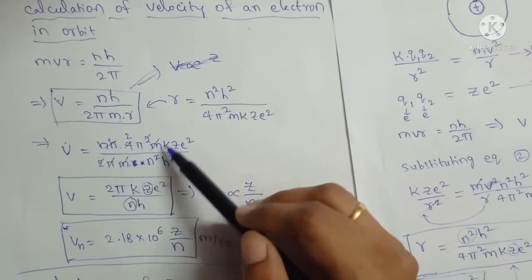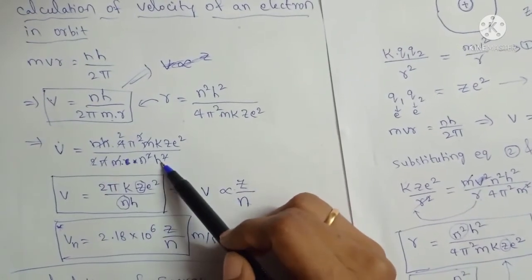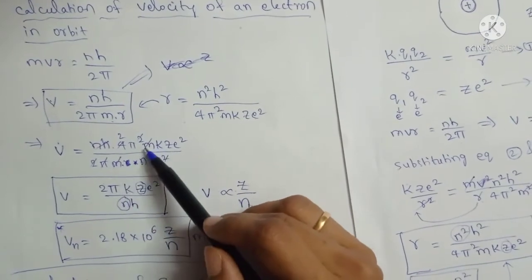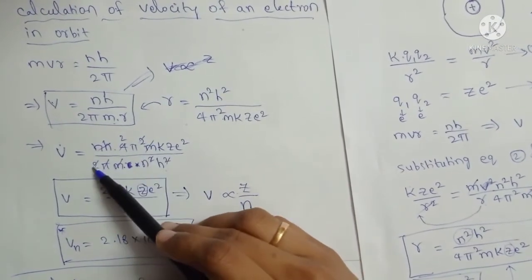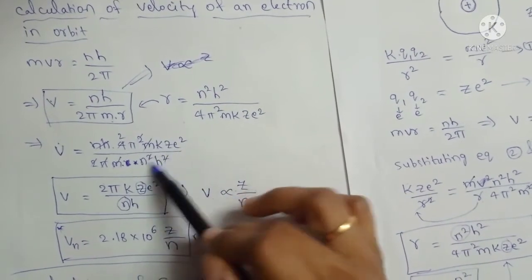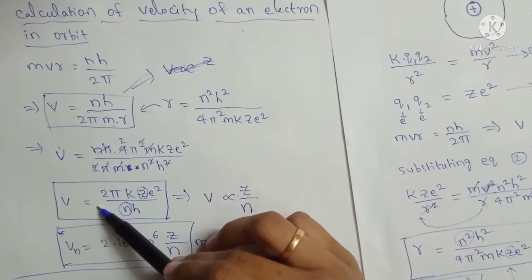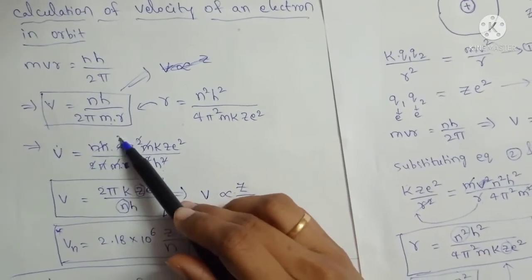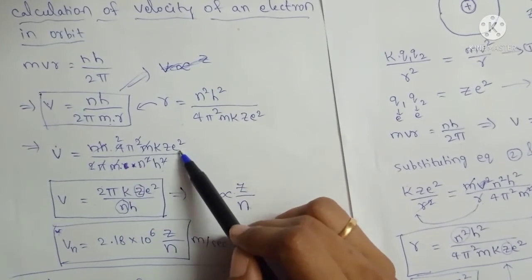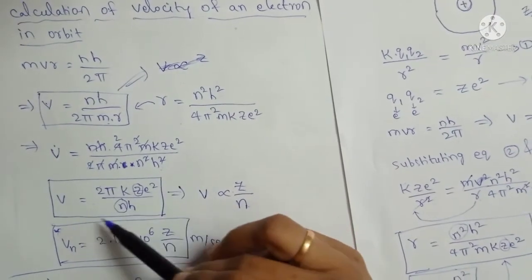Here nh and nh will cancel out, mass of the electron m cancels out, and pi also. By solving this equation, we will get velocity v equal to 2 pi k Z e square by nh. So this is the equation for velocity.